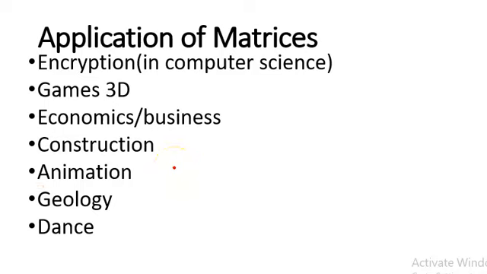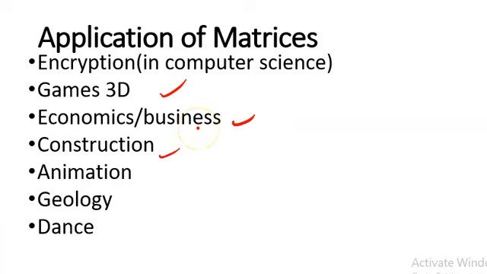In computer science, we have what is called encryption, data security. This is a concept that we use to protect our data. Now, games, especially 3D games, they also use matrices. In economics and business, you can also use matrices. In constructions, they use matrices there.